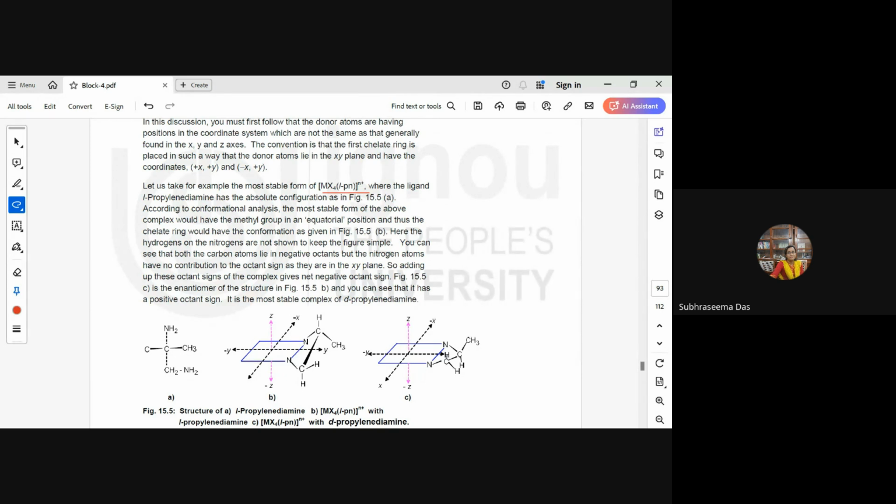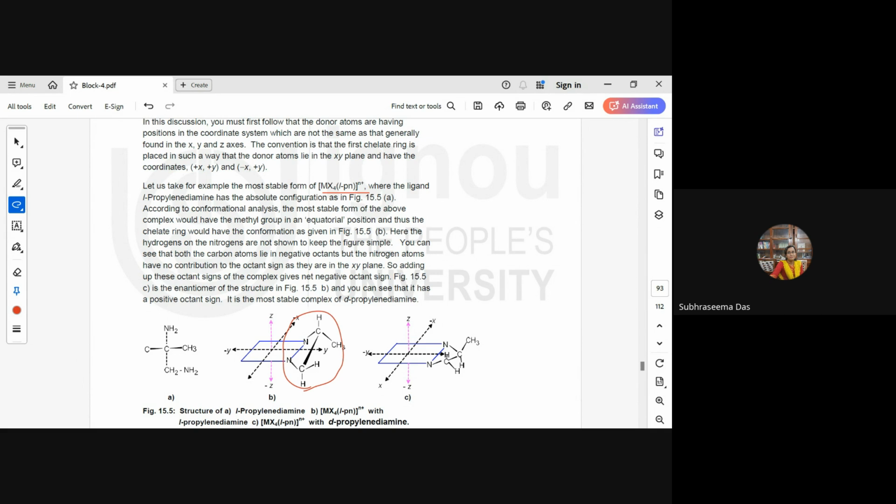According to normal conformational analysis, the most stable form would have the methyl group in the equatorial position, and thus the chelate ring will be as in figure 15.5b. This is the most appropriate convention.